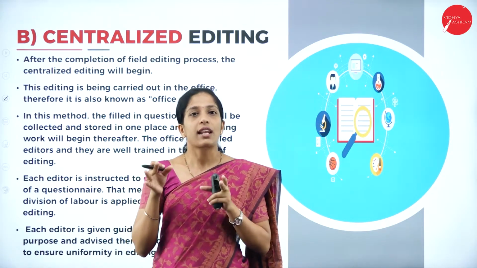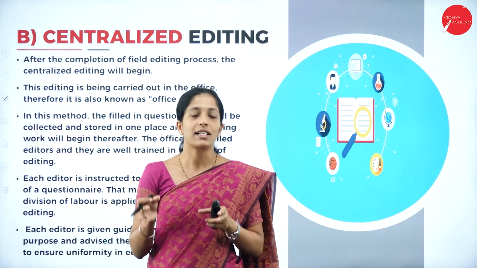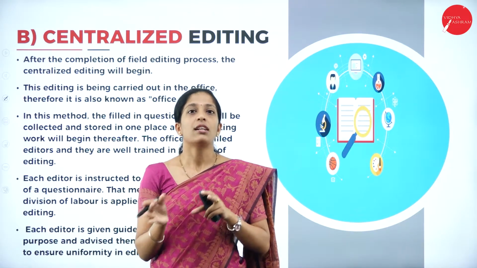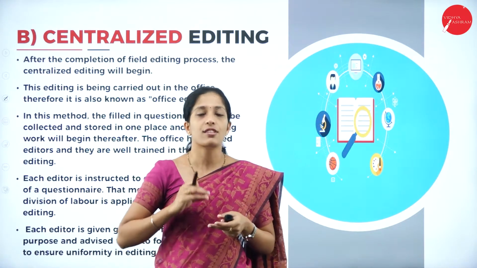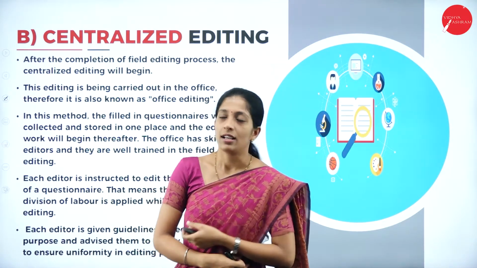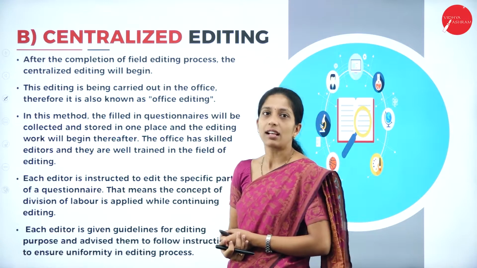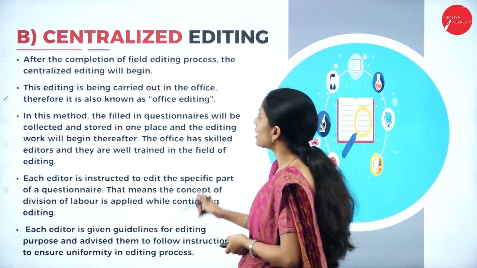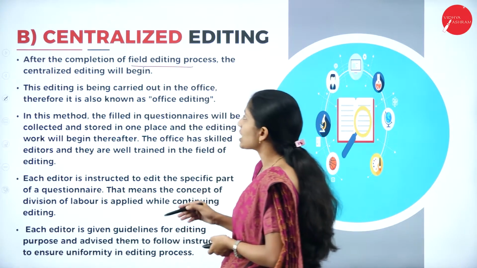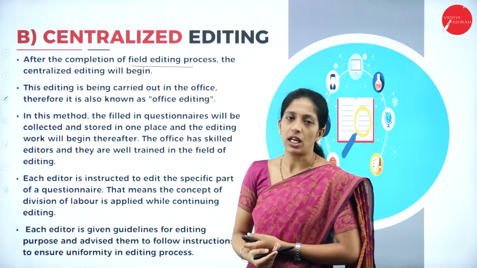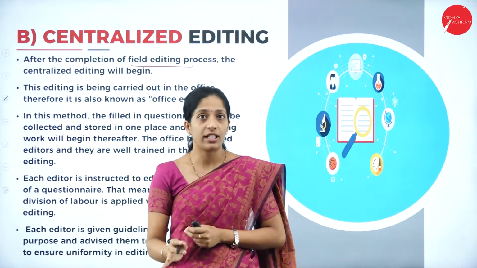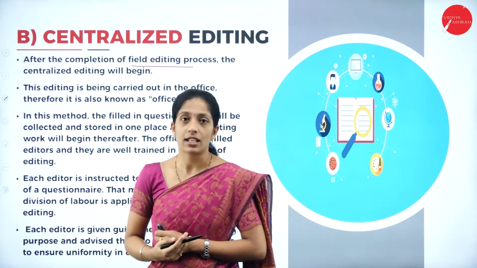He will take all the information to his office, and there he is going to edit the data. That is known as centralized editing. After the completion of field editing, the centralized editing will begin.